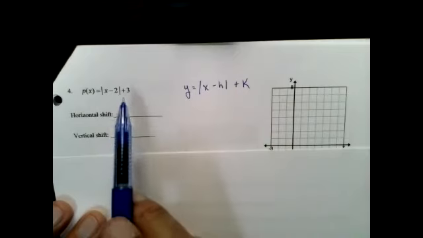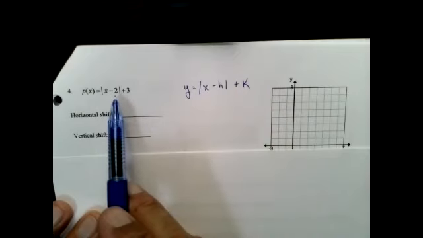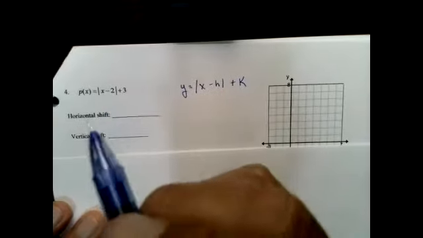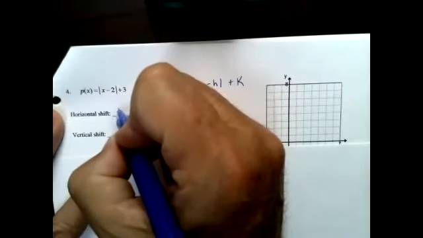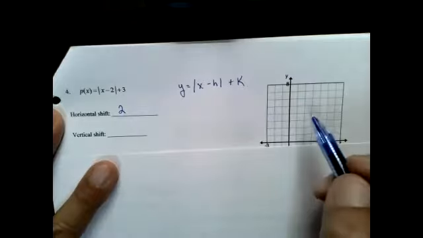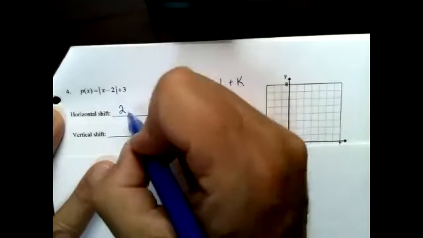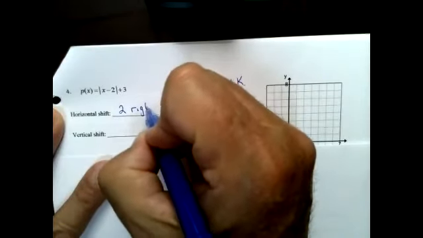Horizontal shift. Give me the value of h. It's 2. That's right. And in fact, since it's positive, it would be 2 to the right.